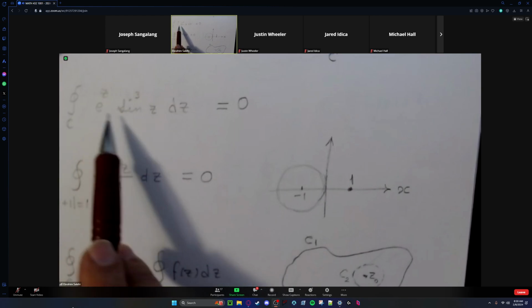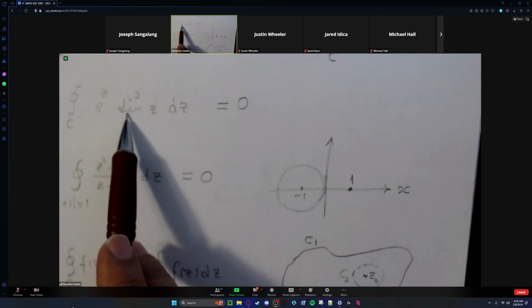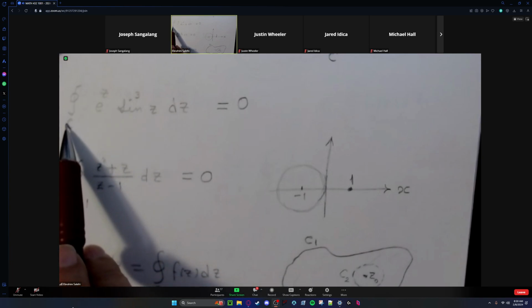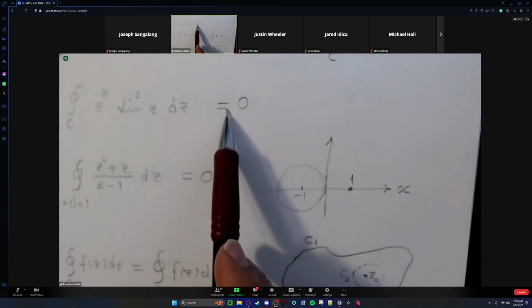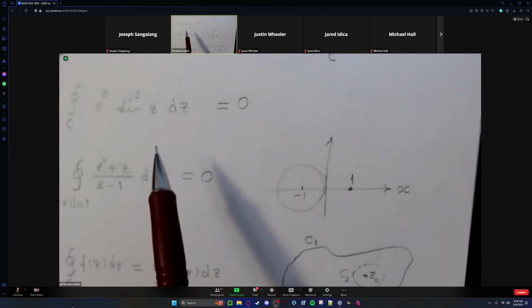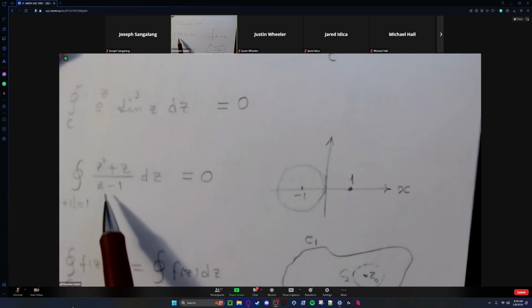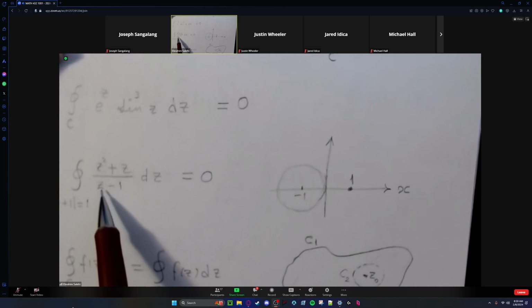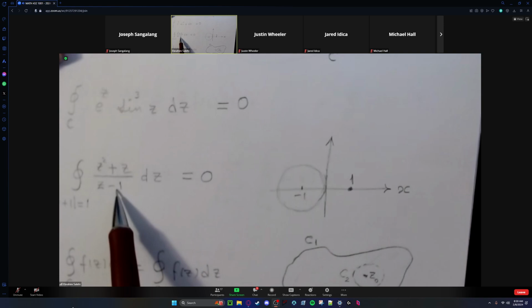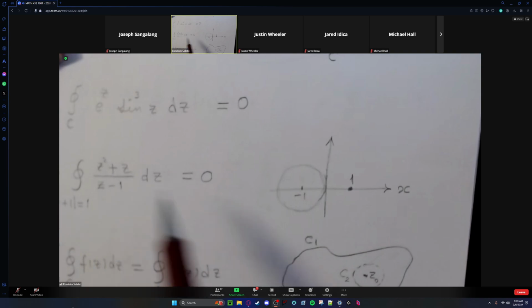Everywhere it has a derivative, all right? So as soon as you integrate over a closed curve, the answer is 0. Here's another example. The bad points here, the bad points usually are zeros of the denominator, are 1 and here is 1.